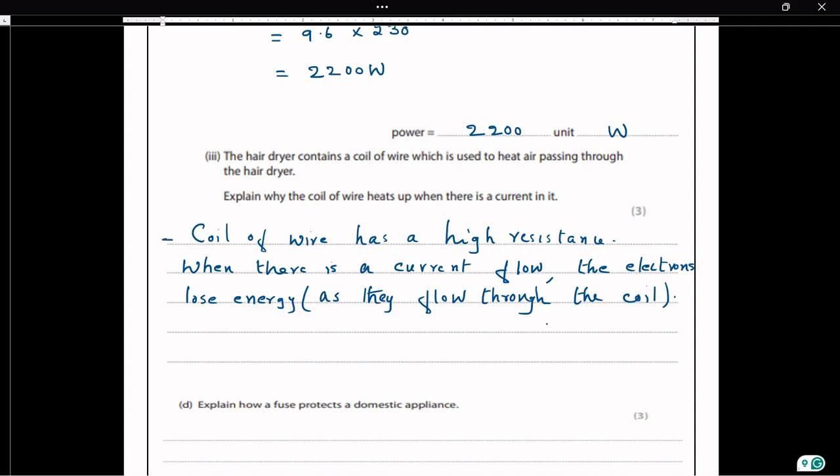This is due to the collision of electrons. I'm writing the short form for electrons. Collision of electrons with the lattice ions.